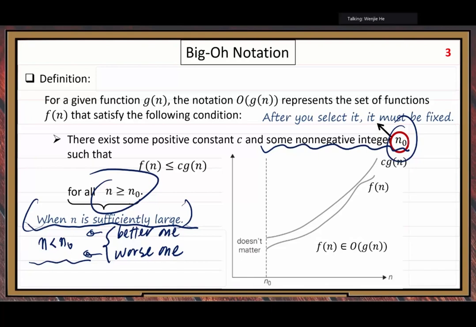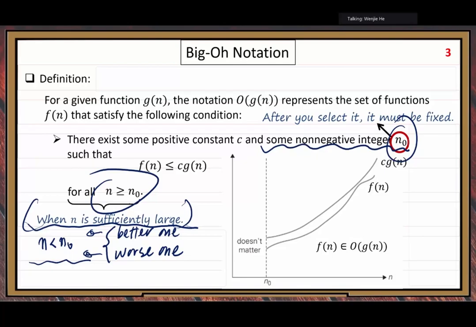Here you can see there is a curve for the f function. Then the g function. We use the g function as the standard we want to use.